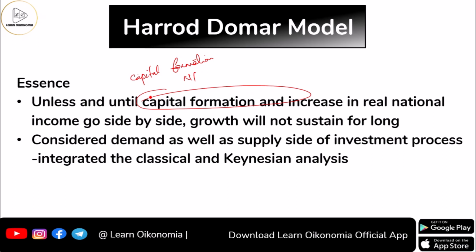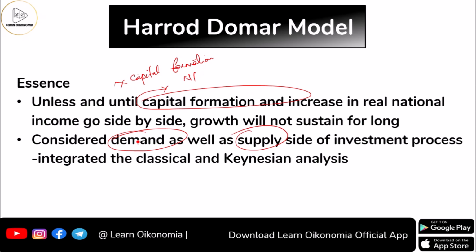You might be having some growth, but that growth will be very short-term. If you want long-term growth, you have to make both these factors go side by side. Also, this model has considered both sides of the coin. It has considered the supply side as well as the demand side when it comes to the investment process.